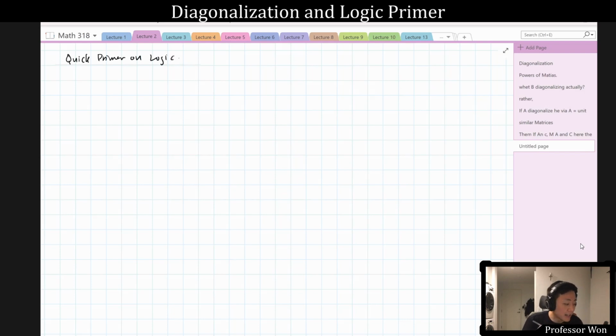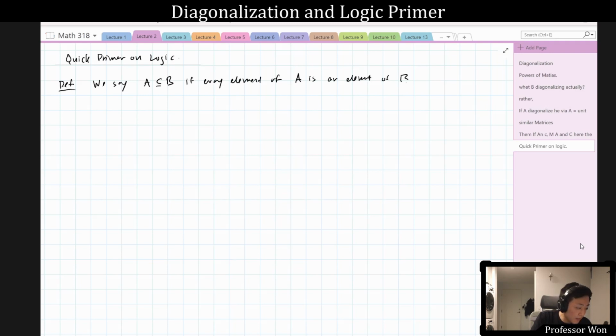This is in section 1.5 of the Rovin-Thomas notes. It's called a quick primer on logic. I'm actually going to start with the last one because it's the one that we just used. Here's the definition. If A and B are two sets, we say that A is a subset of B if every element of A is an element of B. One way to say that two sets are equal is to say that all of their elements are the same.